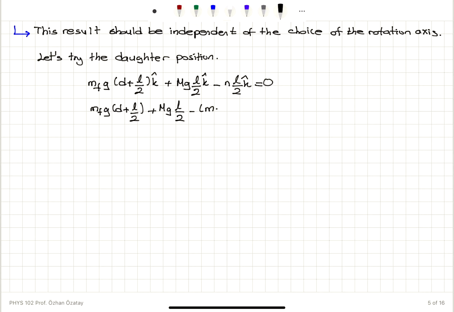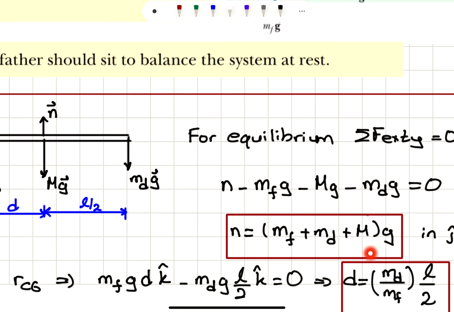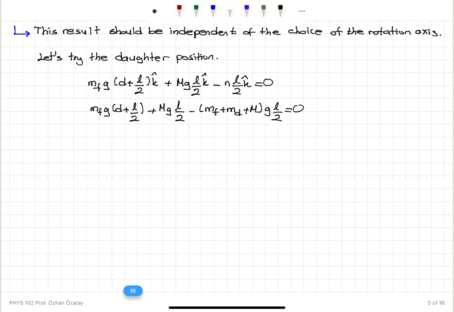The normal force is equal to the total weight. Mass of the father, mass of the daughter, plus capital M, g, L over 2. This should add up to 0. So that's what I have found in part A here. You can see that's the normal force.